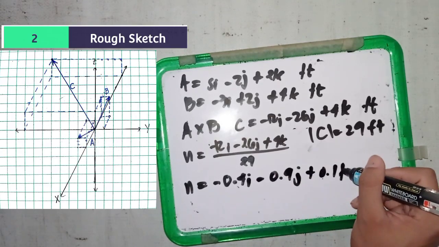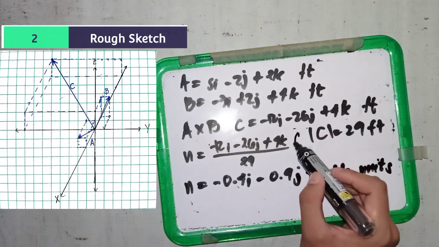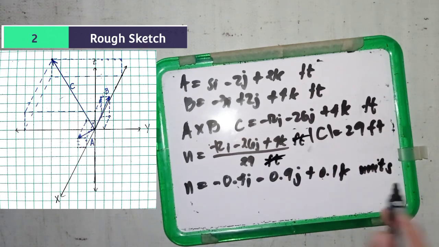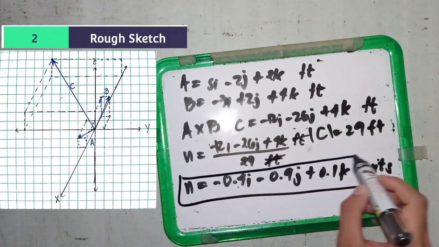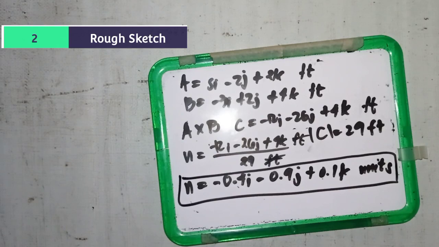Okay, units, because what we have here is feet and feet. If we divide here, it will be converted to units. So this is the unit vector of the problem, and that's it. Thank you.